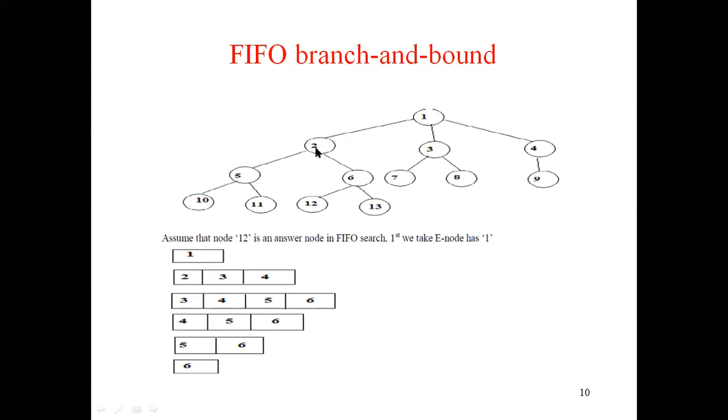The children of 2 are 5 and 6. So take 5 and 6 and insert them into the queue. Now take 3, which is at the head of the queue, and process it. In this way we can continue the process.